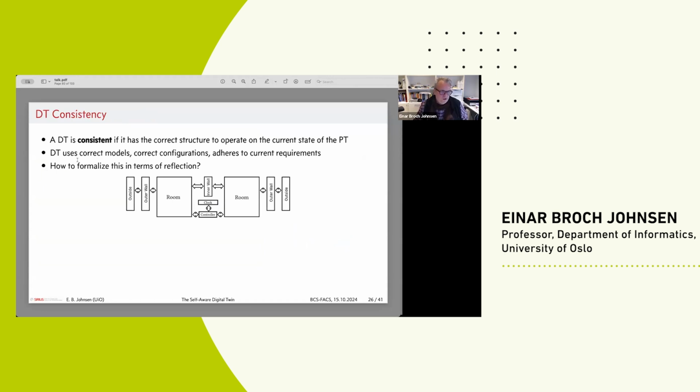And the digital twin should also then use the correct models, correct configuration of the models, and also monitor the correct requirements. So I'm going to show you examples later of how in this life cycle evolution requirements are also typically going to change. So how do we now formalize this in terms of reflection? So we want to have a consistency, we want to have correct requirements, and so on.